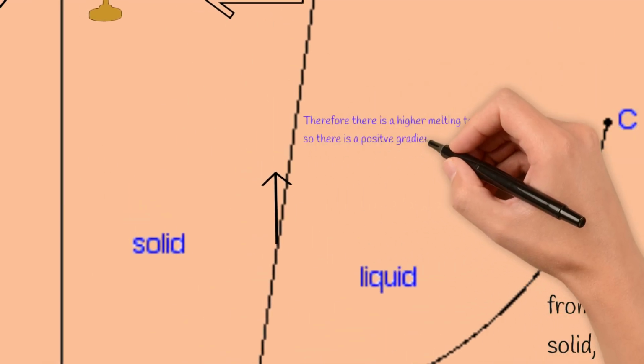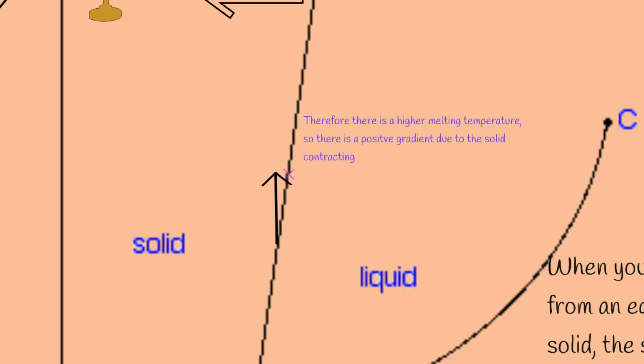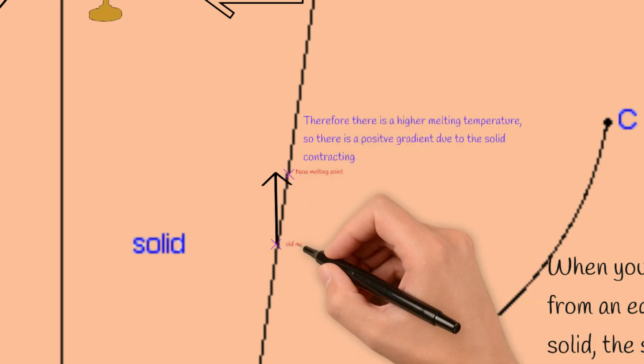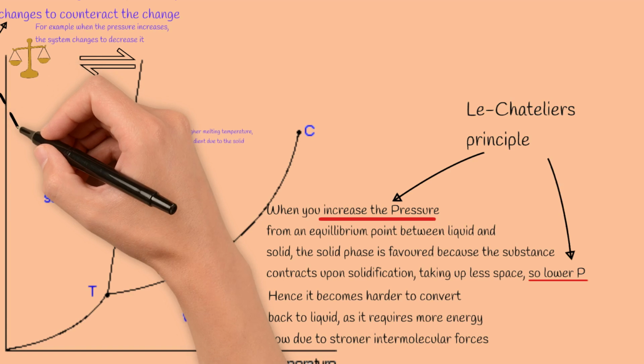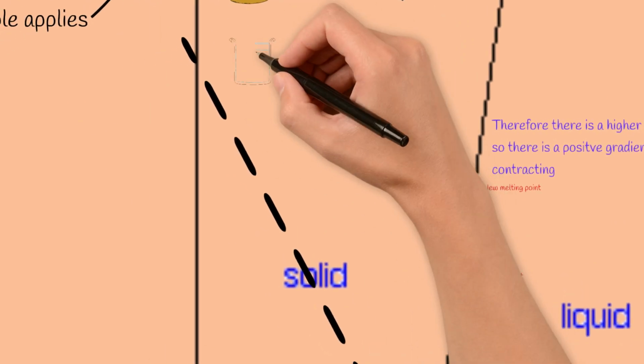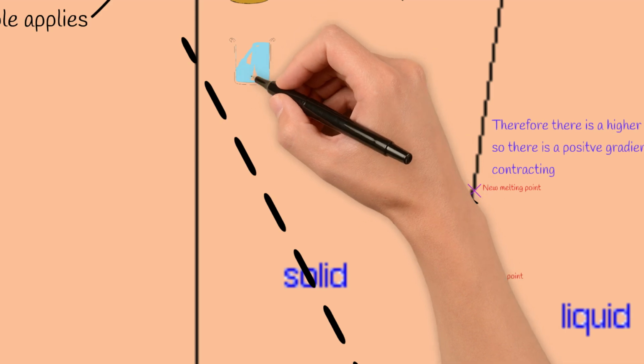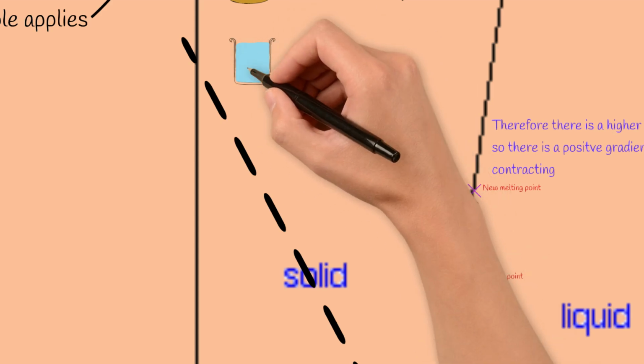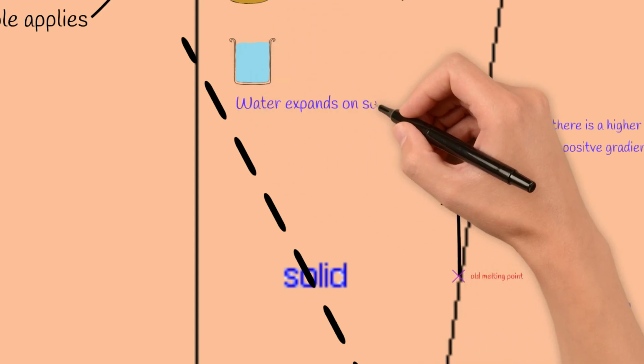Therefore, it has a higher melting point at this higher pressure, so it explains the positive gradient due to the solid contraction. This is not always the case though, as some substances like water expand upon solidification, so this will produce a negative gradient.